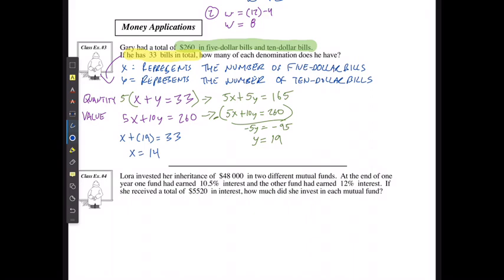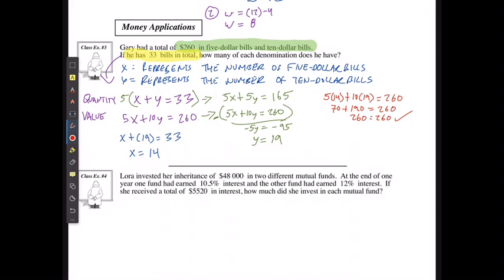I can verify that this works by putting it back in. If I have 5 times 14 plus 10 times 19, does that equal 260? Well, this is going to give me $70. This is going to give me $190. When I combine them, it does equal 260. So my answer makes sense.